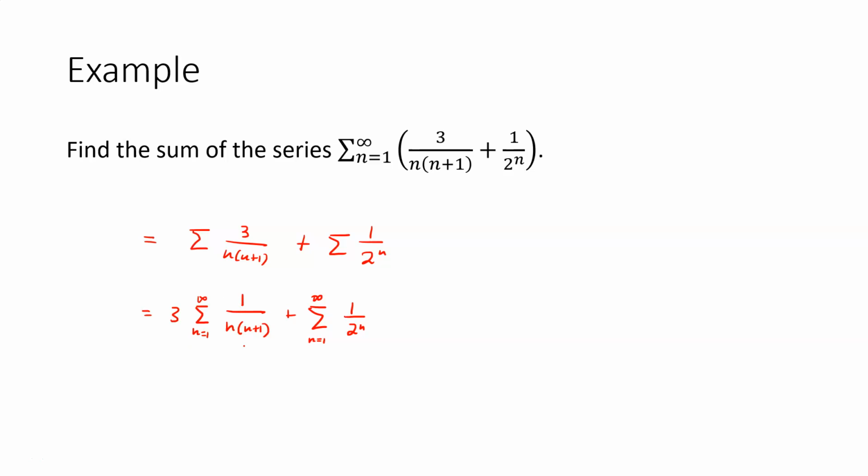Now each of these sums should look familiar. For instance, here we showed earlier that this was what we call a telescoping sum. Remember when we wrote out the partial sums? First we did the partial fractions, and then we wrote out the partial sums, and we saw that the partial sum formula collapsed down into something that converges to 1.